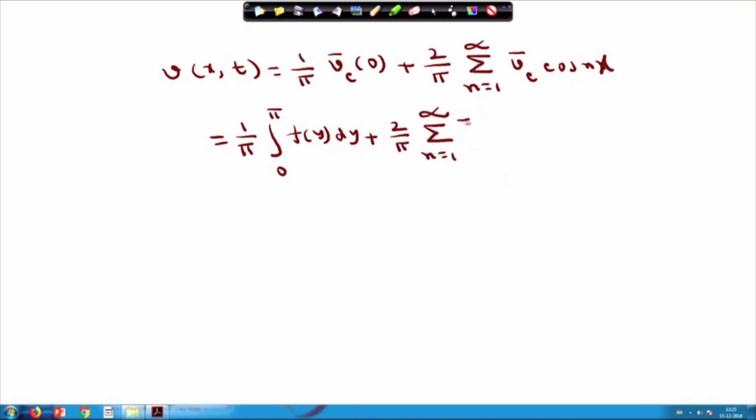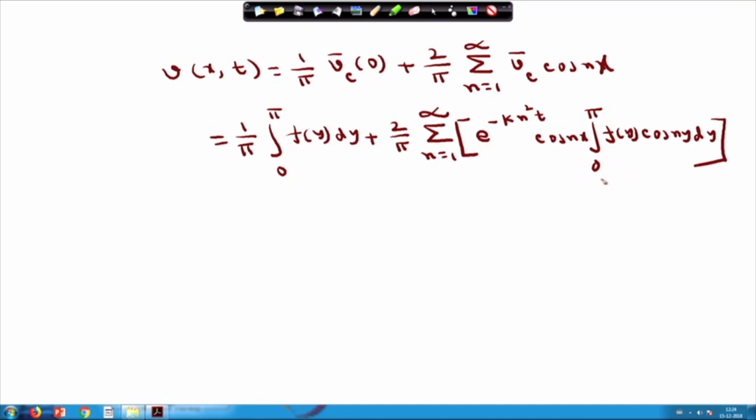Now you have to put the V bar c value, that is e power minus k n square t into cos n x, and then the integral 0 to pi f y into cos of n y dy comes. So, we have to stop here because I do not know the value of f x. In one of the conditions it was told that V is equal to f x.